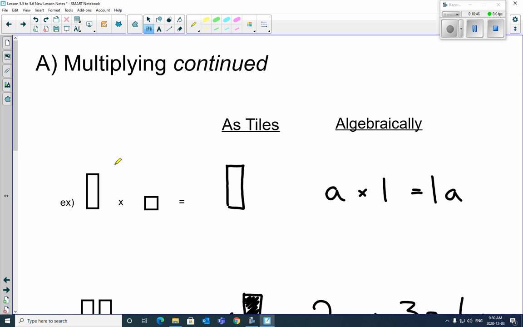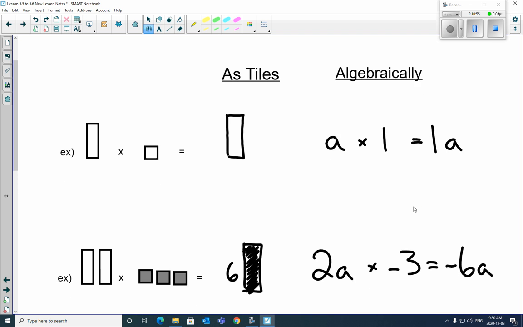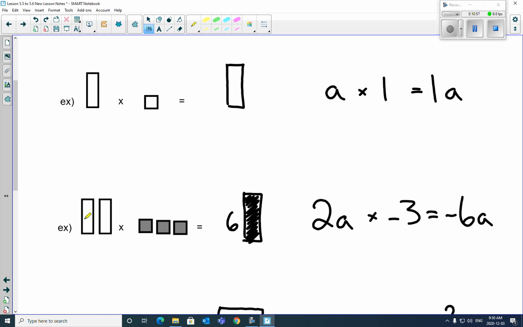Oh, here we go. So we have a variable times a constant gives us a variable. So that would look like a times 1 equals 1a, or just a. Okay? Here, 2 variables times 3 of these ones. So first off, positive 2a, you can see here, times negative 3.